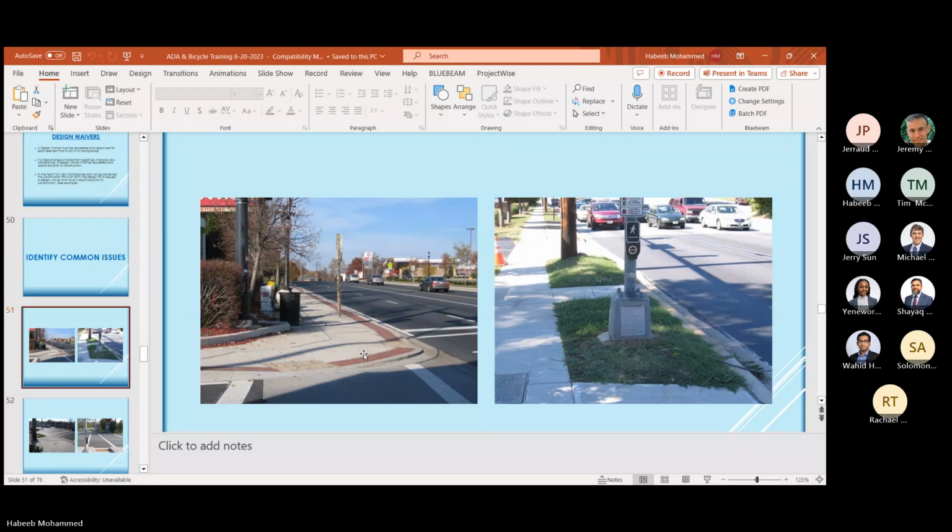Correct. So which ramp is this? Not you, Shaq. Let's see who can answer this. Which kind of ramp is this? Gerard, go ahead. What kind of ramp is this? We have three types, right? Which one is this on the left side?